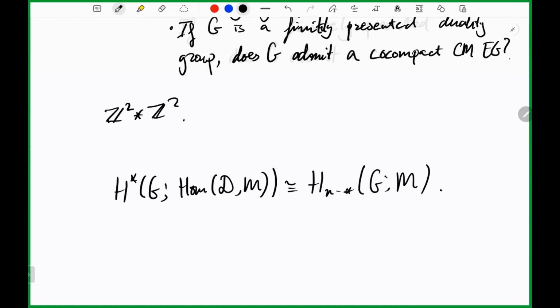That duality is there if and only if the dualizing module happens to be Z. What we do ask for is for it to be Z torsion free, and I'm fairly certain it's an open question whether there is such an example.